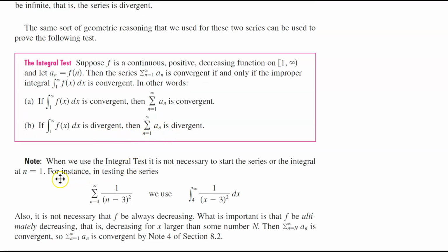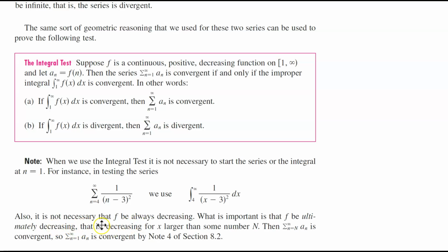Now also note that when we use the integral test, it is not necessary to start the series or the integral at n equals 1. For instance, in testing the series 1 over (n minus 3) squared, we're starting at n equals 4, so we would use the integral from 4 to infinity of 1 over (x minus 3) squared dx.